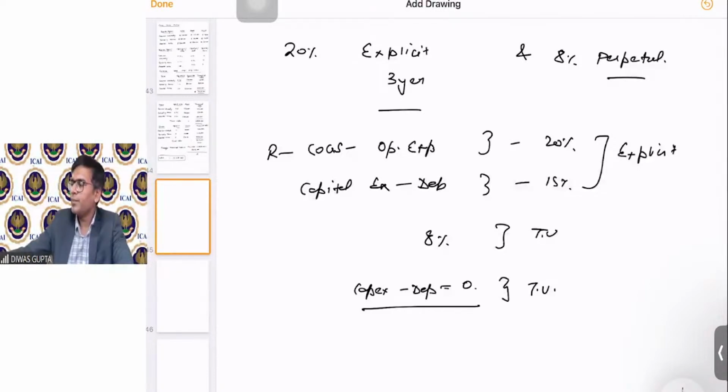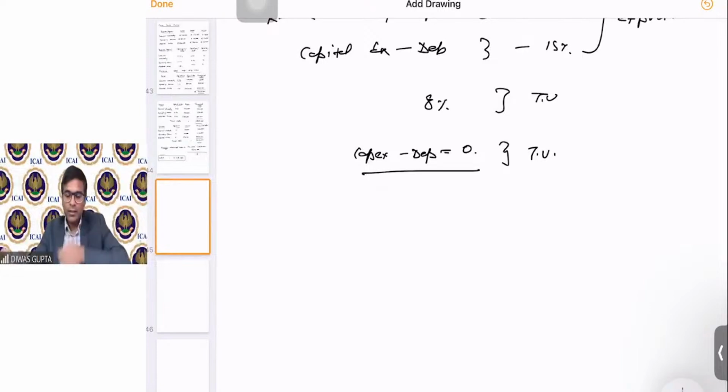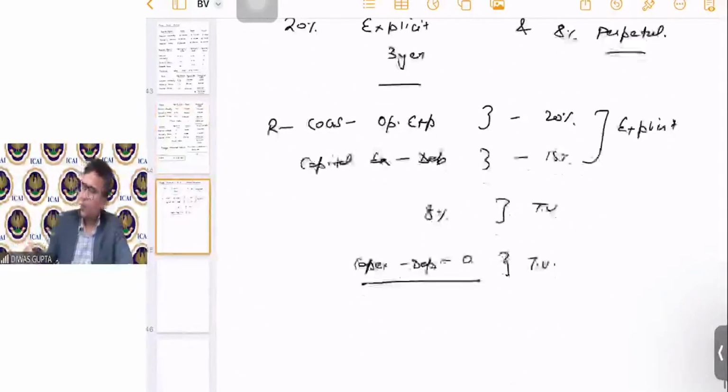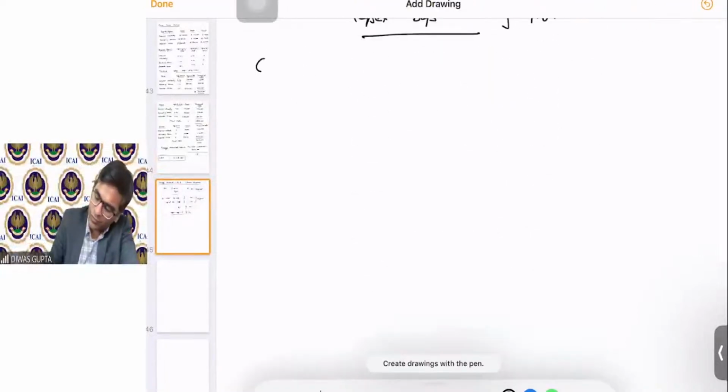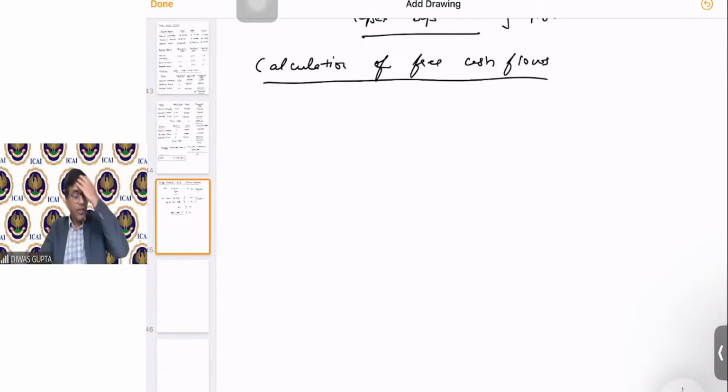Okay, students. I hope all of you have the question in front of you. So first of all, students, for solving this, we have to actually calculate what are the free cash flows arriving, right? So calculation of free cash flows. So just today itself, we have understood the concept of free cash flow, students.